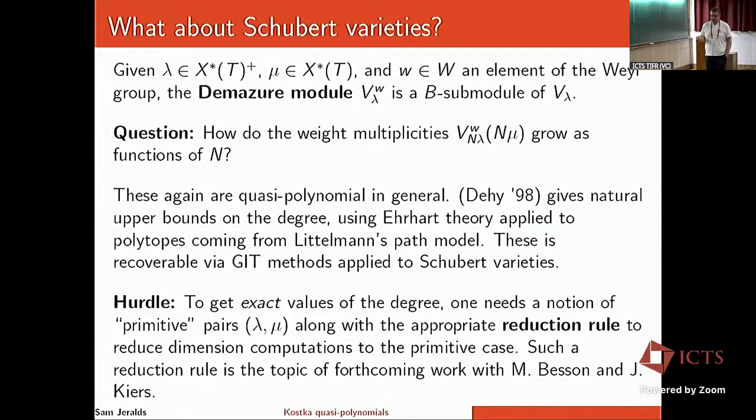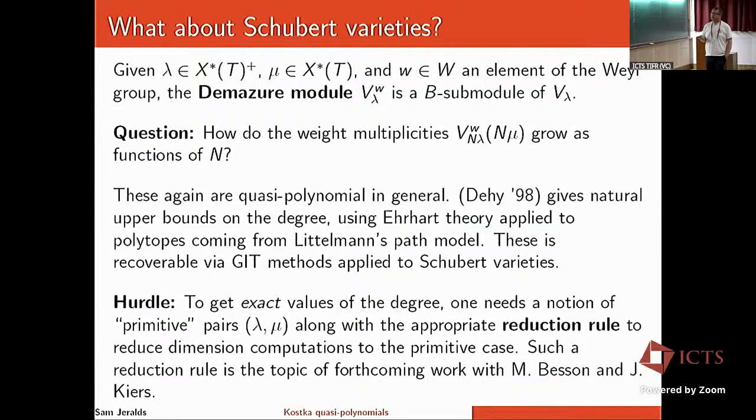Again, by this work of Day in '98, these are quasi-polynomial. There are very natural upper bounds on the degree, and those upper bounds are also clear from the GIT perspective as well. So the question is, how do you get equality, which I think is the important part of this whole story?